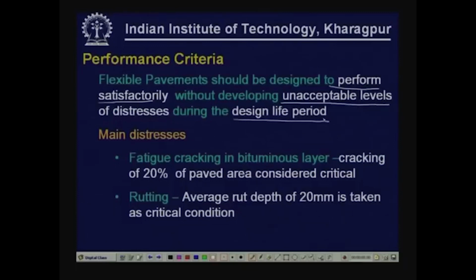If the design life period of a pavement is, let us say, about 10 years, then the pavement should not have excessive distresses during the design life period. What is to be done is, we have to define what is an acceptable quantity of the distress.